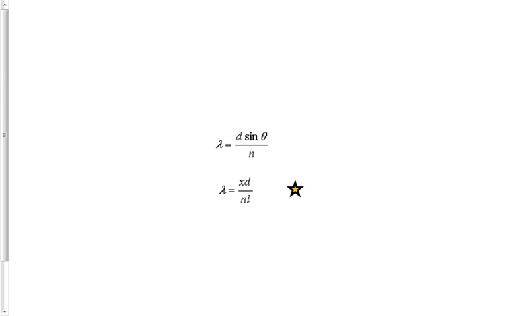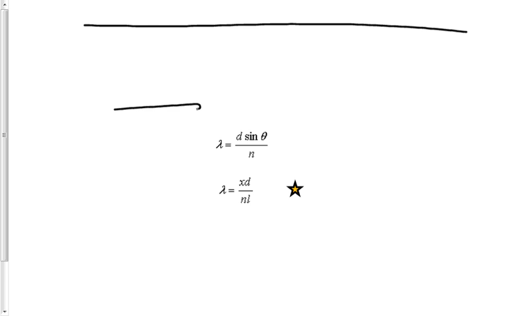I'm going to redraw this so that we can label some of these variables, because most of these variables are going to seem kind of foreign to you right now. Here's my two openings. Those two openings both diffract the light. Those diffraction patterns take place, those circles take place, and produce an interference pattern that on the screen up here produces a bright spot, and a dark spot, and a bright spot, and a dark spot, and so on.